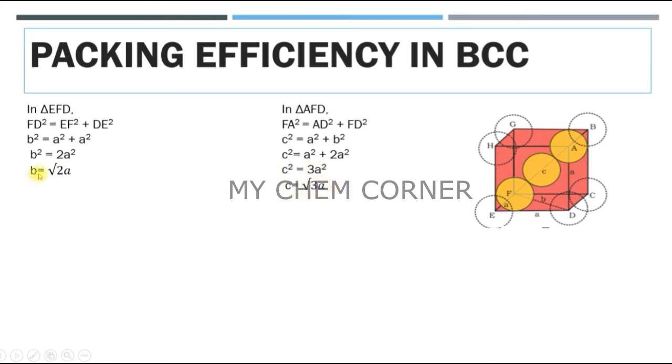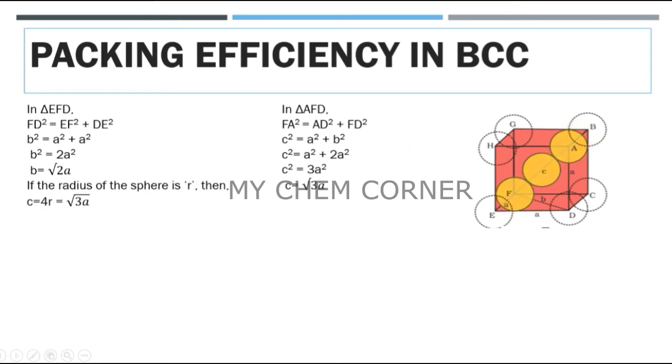So we have the value of B, we have the value of C also. Now, the remaining part of it remains the same, just like how we did for CCP and HCP. So here, if the radius of the sphere is given as R, in that case, again, on this particular hypotenuse, you have 4 radius. 1 radius from this sphere, 2 radius from the center sphere, and 1 radius from here. So total we have 4 radius.